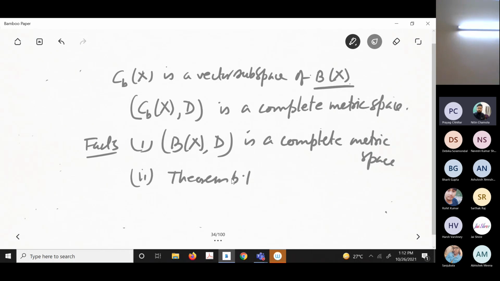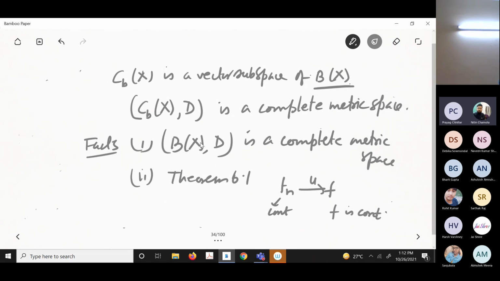That means a uniformly convergent limit of a sequence of continuous functions is continuous. If you have this and each of them is continuous, then f is continuous. This you need. Look, then the proof is immediate.